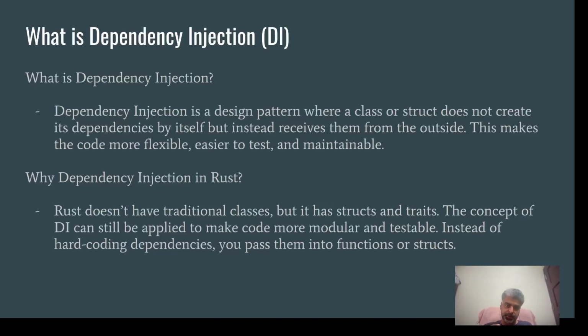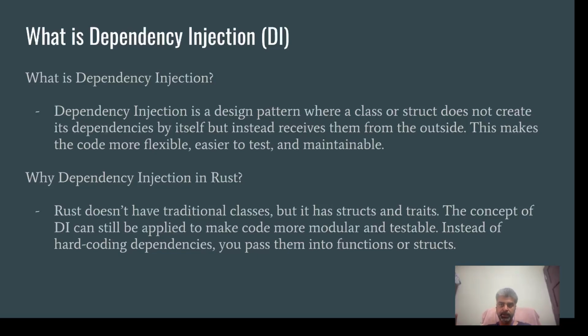So dependency injection is a design pattern. Of course, there are many design patterns. It is one among the design patterns where a class or a struct, a type basically, does not create dependencies by itself, but instead receives them from the outside.